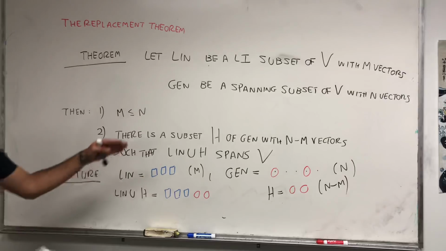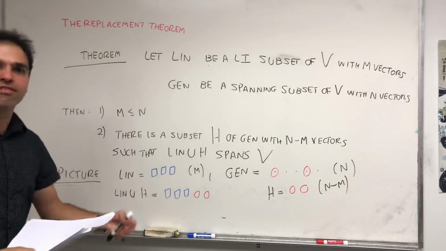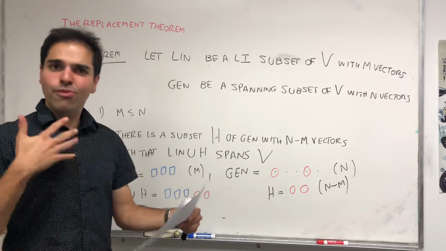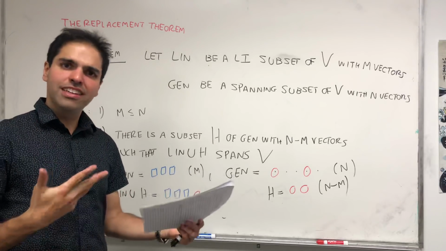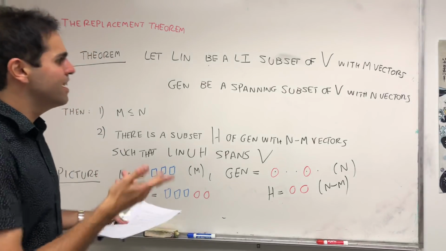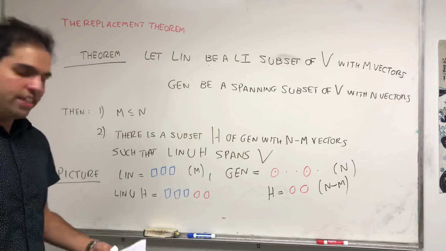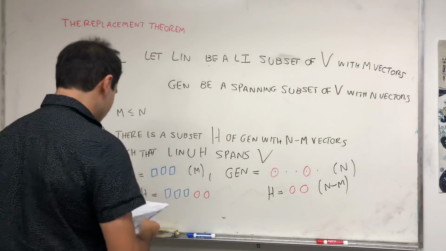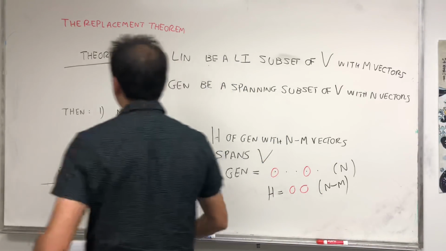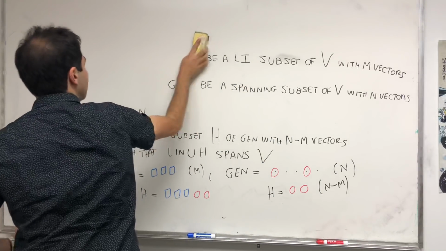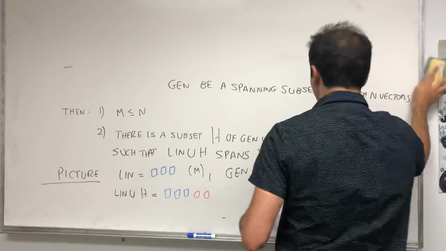And it turns out what you do is iteratively. And whenever you do something step by step, it's usually an induction proof. So let's prove it by induction. Induction on what?